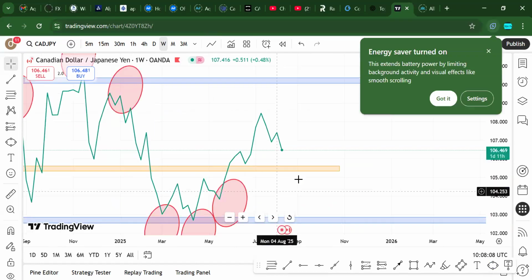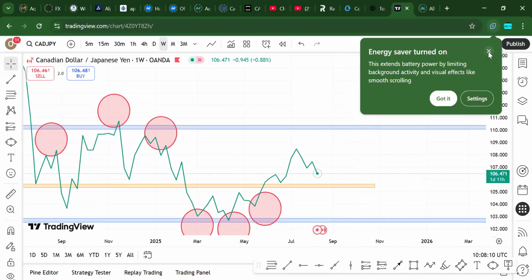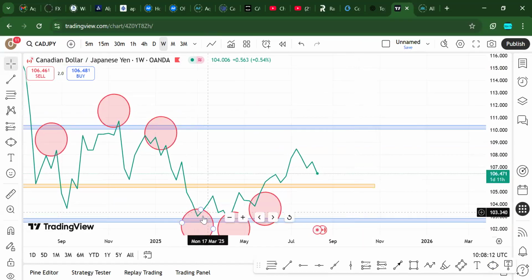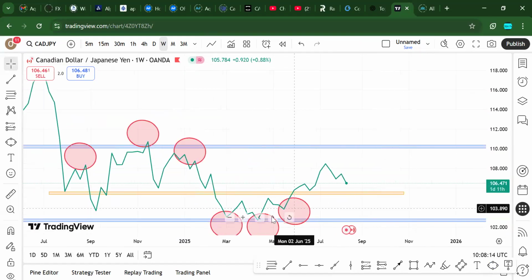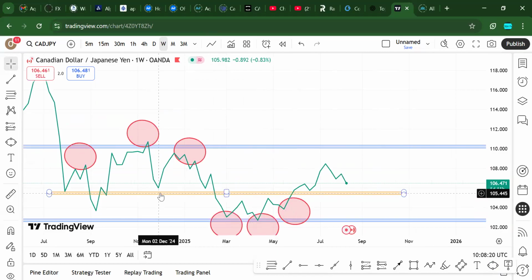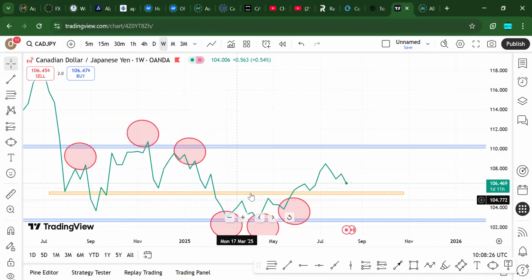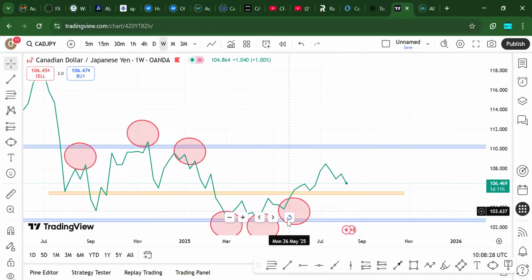I can even zoom in to show us that this was the left shoulder, the head, and then the right shoulder. And to make this even more interesting, the same neckline that created the initial head and shoulder was also responsible for the what?